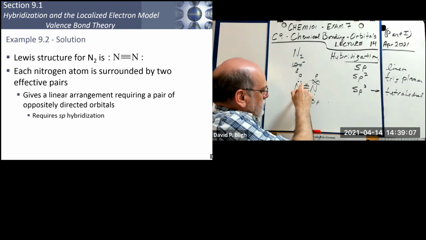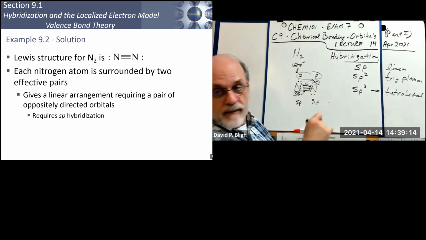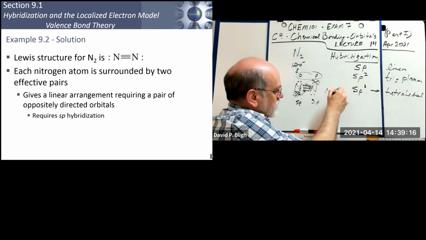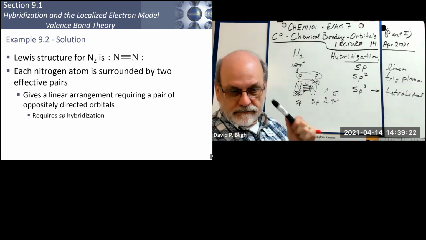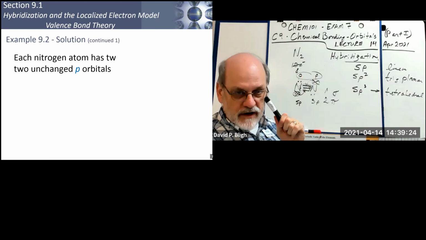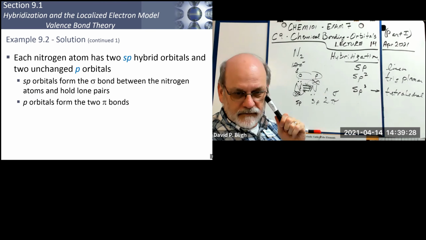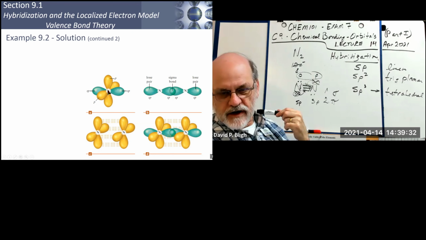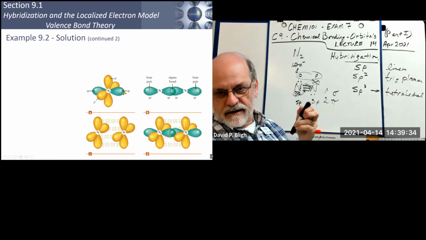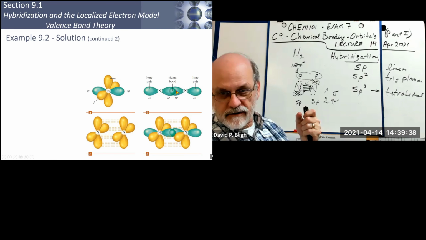And those overlap, and these overlap to give you the other pi bonds. So you have 1 sigma and 2 pi bonds for nitrogen with sp hybridization. There we go. It's an artist rendition. So there's your sp hybridization, and you get the overlap between the 2 nitrogens here.